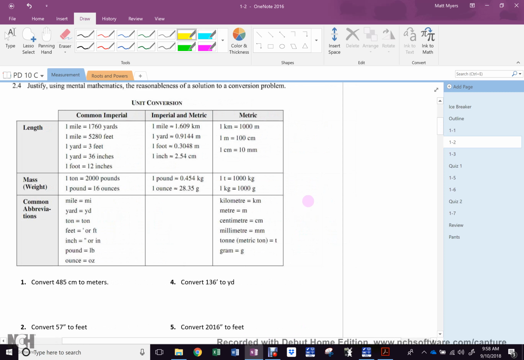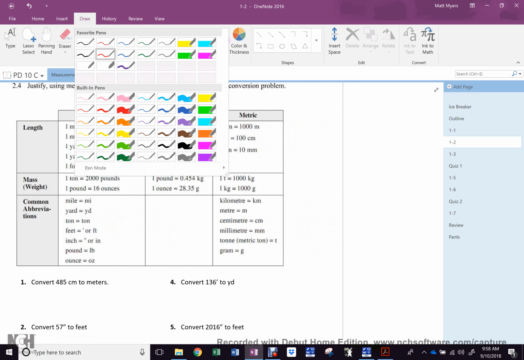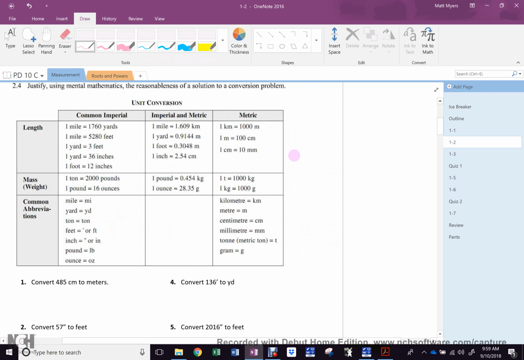I'm going to write it over here, in pink. This is how you take it. You have a value that you wish to convert. It does not matter what that value is. Whatever that value is, that's what you start with. That looks like I've written valve, but it is value.